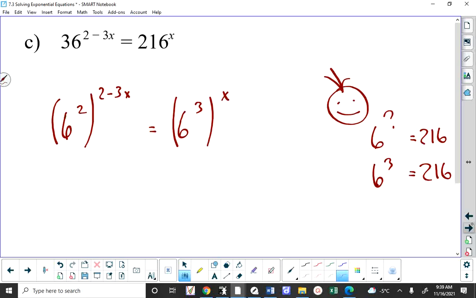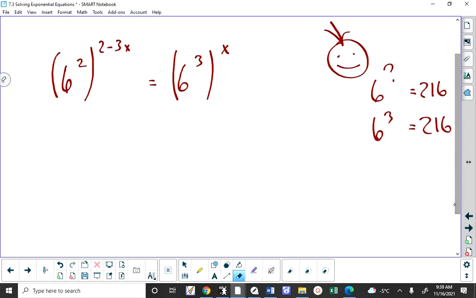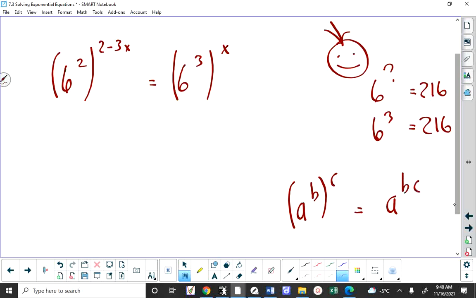Now what we need to do is go back to, I guess grade 9 is where you're first introduced to this: if you have, and I'm going to use different letters here, a to the b to the c, that's equal to a to the product of b times c. This is called a power of a power. It means that you have an exponential expression raised to another power, and you multiply the two exponents.